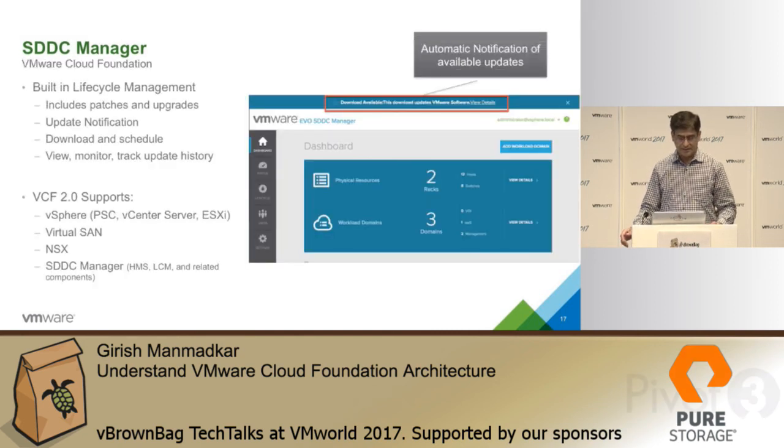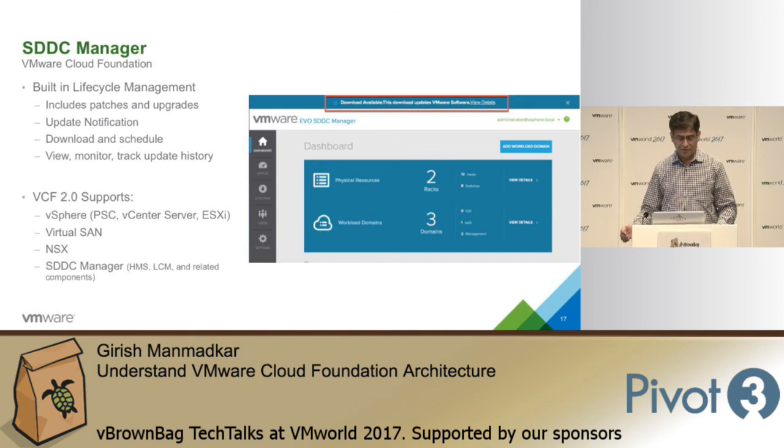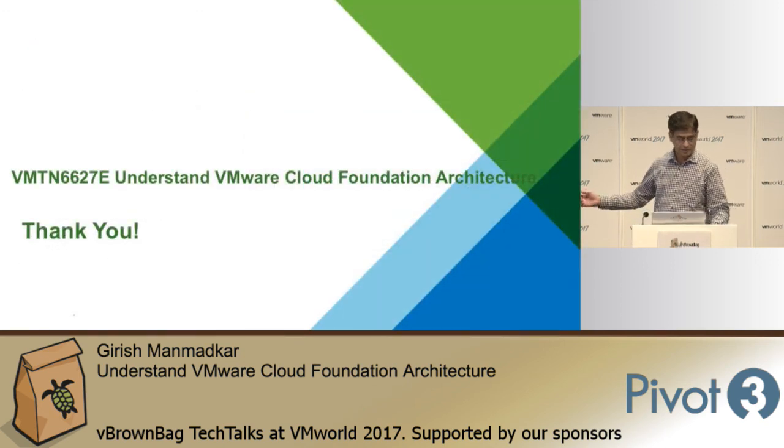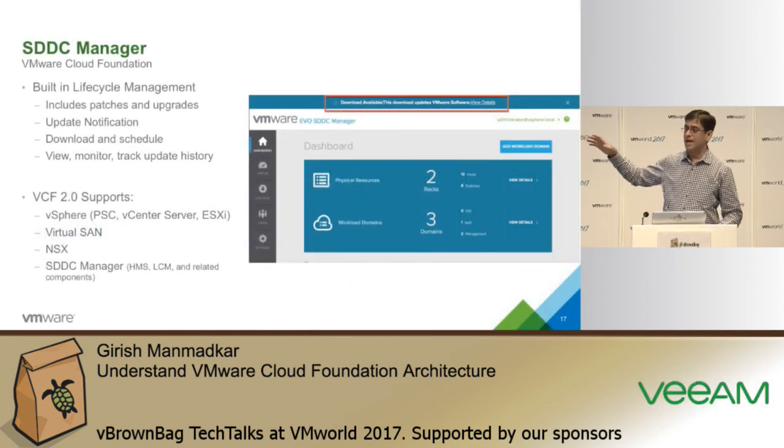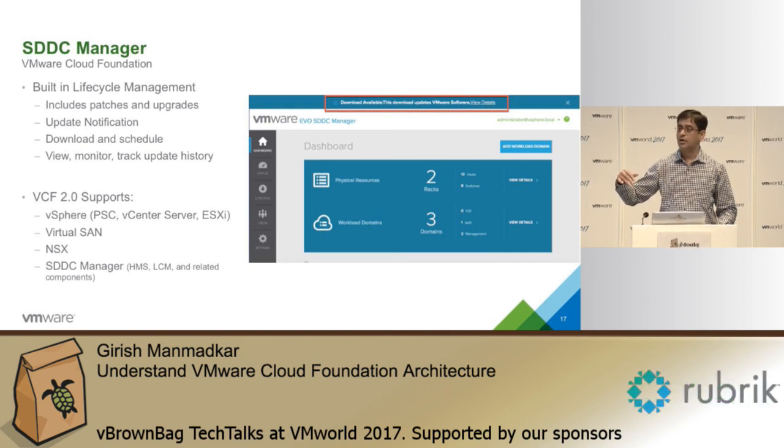I'll go fairly quickly on this screen, which shows that you can schedule and manage those patches offline or online. You can download and schedule the patches or upgrades, and it will patch and upgrade automatically per workload domain as per your need.